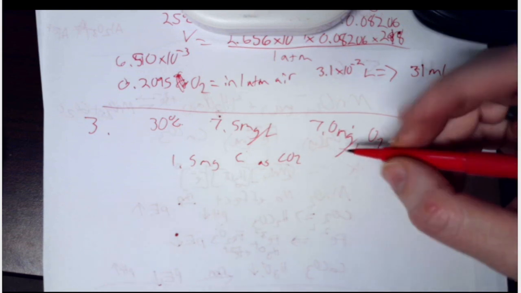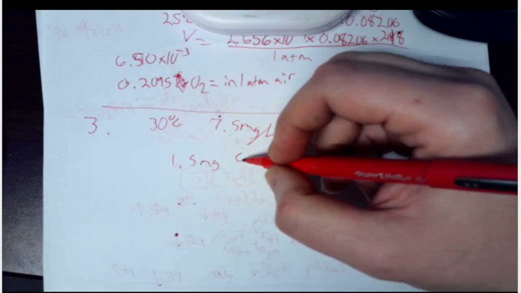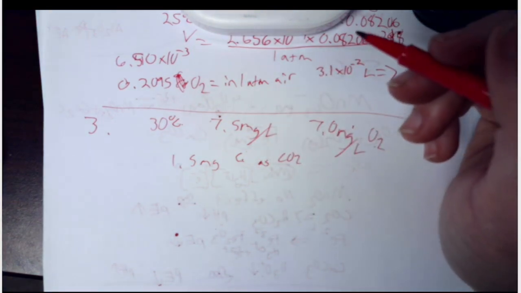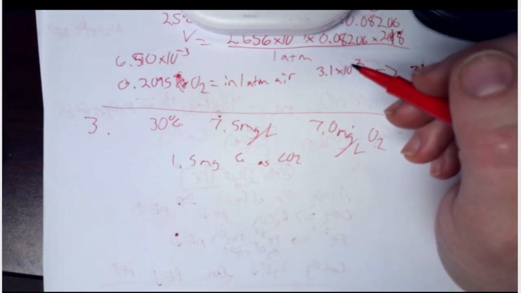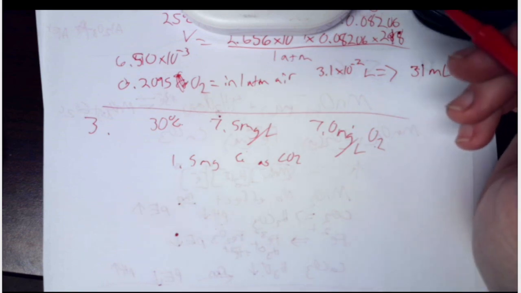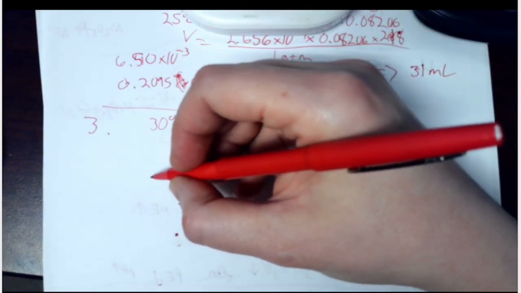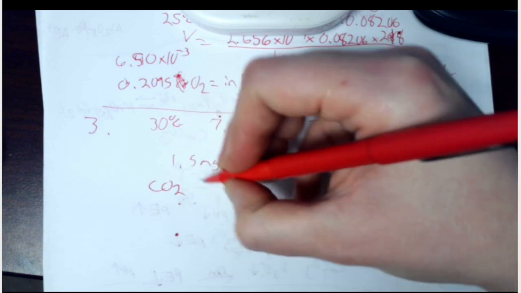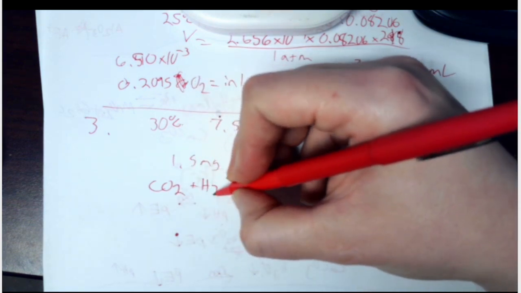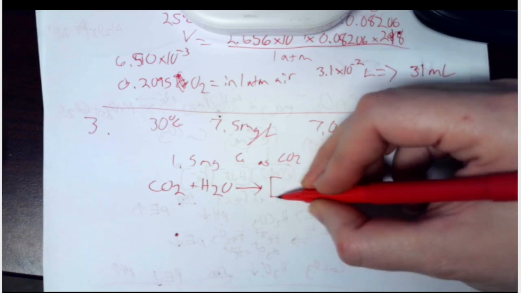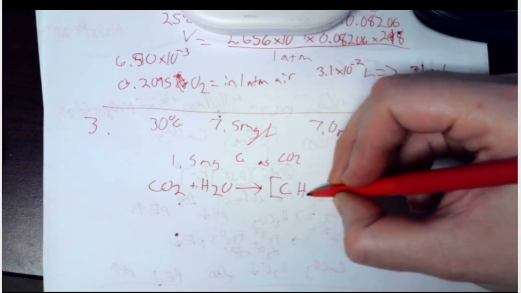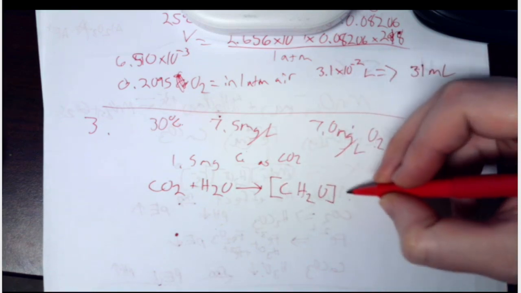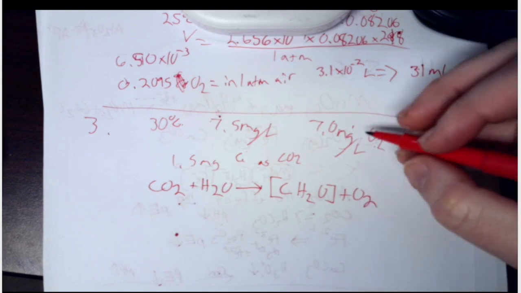So we're going to use 1.5 milligrams of carbon and this reaction: CO2 plus water goes to a generic CH2O and O2.